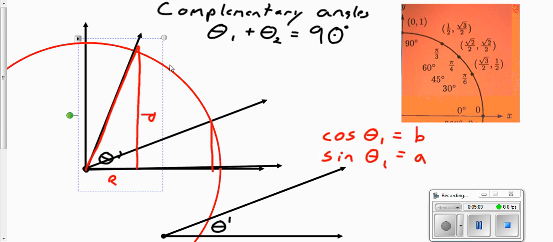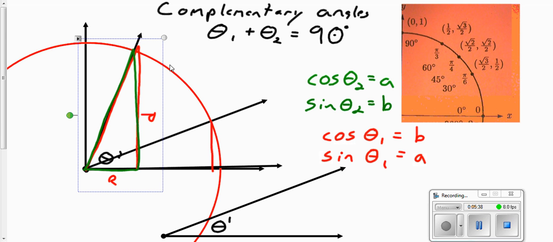So for my triangle here, which was the same as before, for my theta 2, I can see that the cosine of theta 2 is now A, which was B before, and my sine of theta 2 is equal to B, my y.